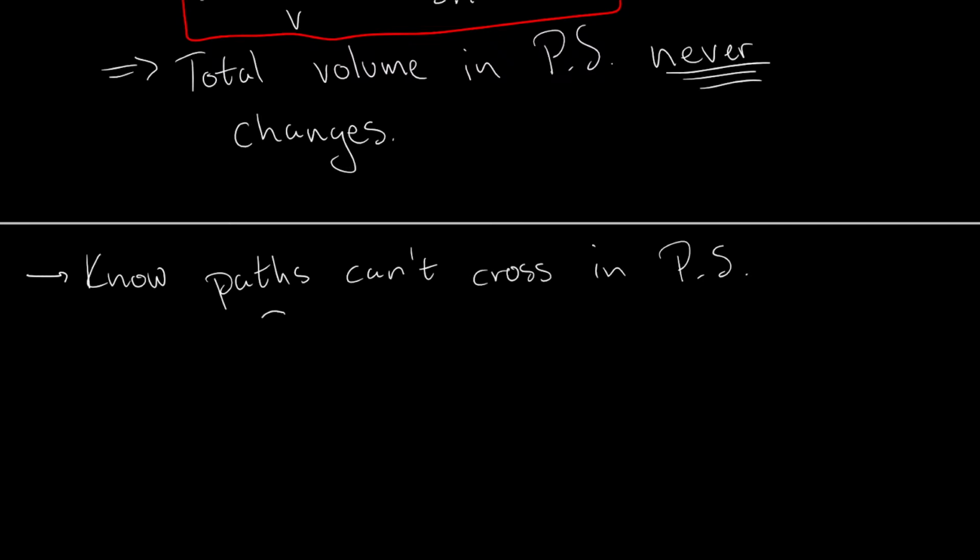Which means that if I have some boundary, which is just a continuous set of points, and I have all of the points inside, as this thing evolves, points can never leave this blob, right? Or else the path of this point would have to intersect the path of, say, this point, right?